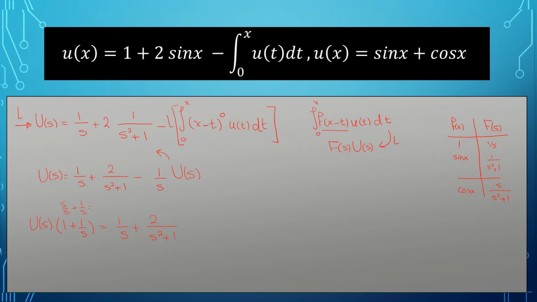We want to get rid of this, so we will multiply by s over s plus 1 for both sides.